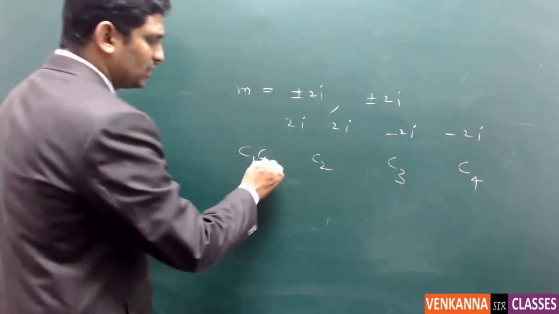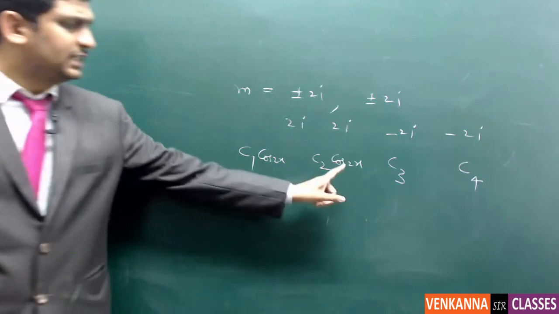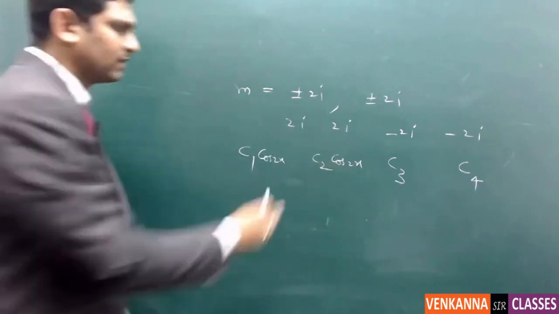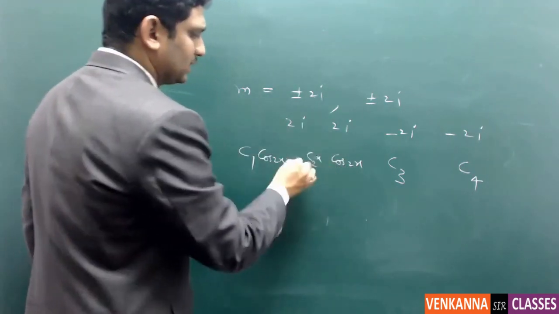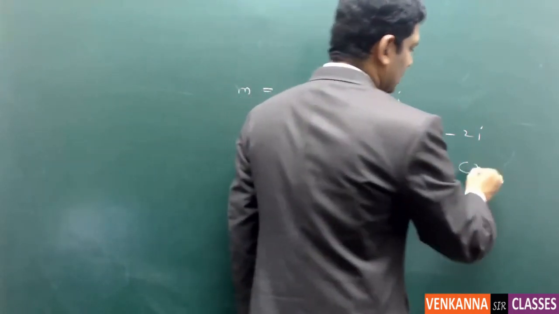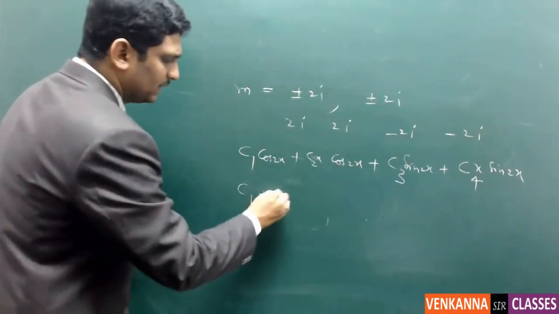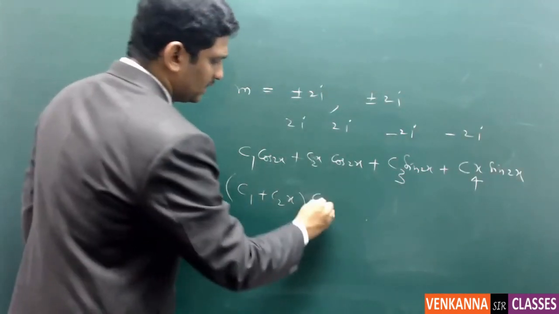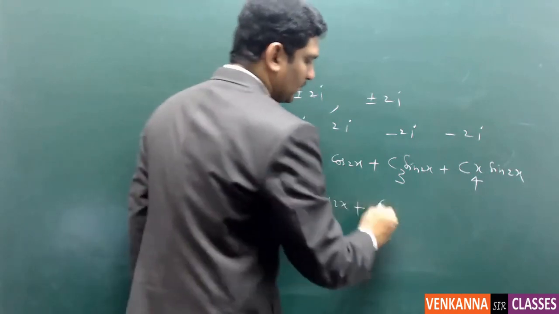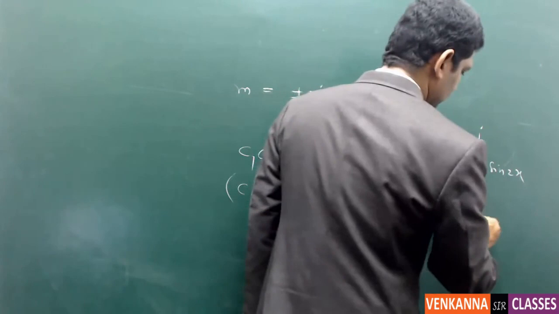So C1 cos 2x, C2 cos 2x. Since it is repeated, you take x here. So C2 x, and C3 sin 2x plus C4 x into sin 2x. In a simple manner, C1 plus C2 x into cos 2x, C3 plus C4 x into sin 2x.